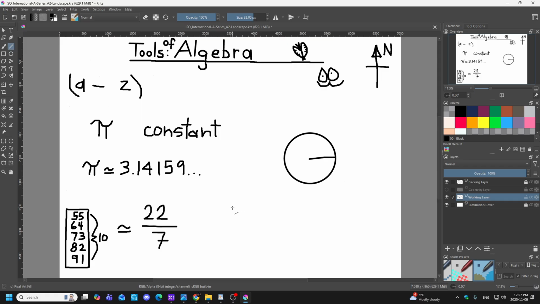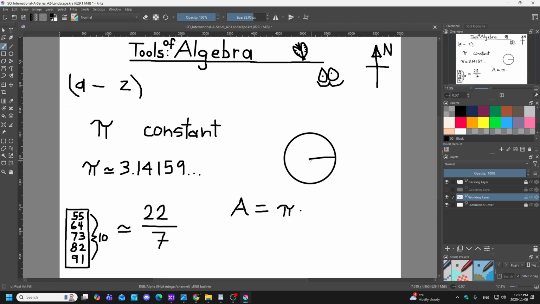We will do more problems in the future. Area, typically denoted as A, equals the number pi multiplied by the square of the radius.